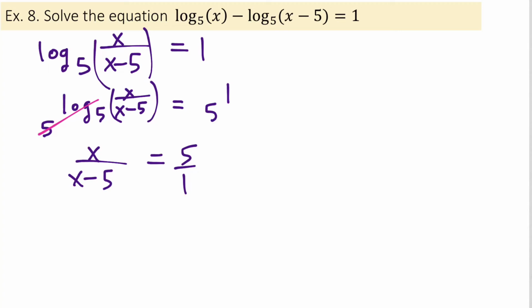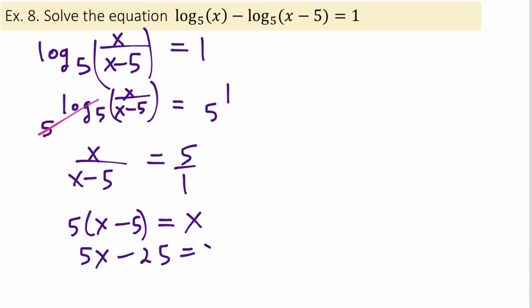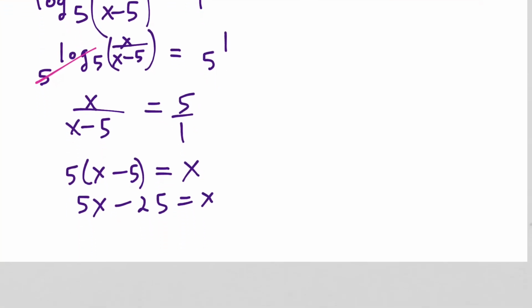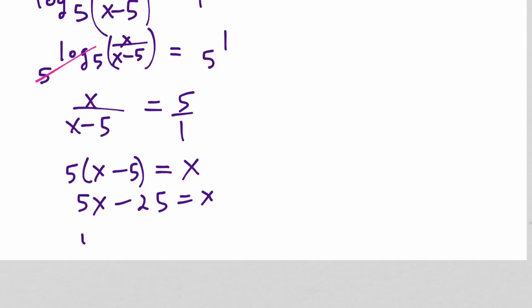So I'll have 5 times x minus 5, I'm doing a cross product, of course, is equal to 1 times x. So that's 5x minus 25 is equal to x, which is just a linear equation to solve. So I'll have 4x is equal to 25, so x is equal to 25 over 4.